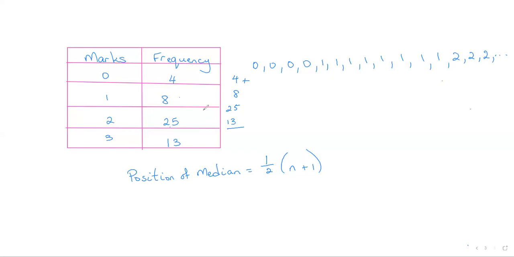So I can add up these numbers, which is the frequency, to give me the number of numbers that I have. So that's 4 plus 8 plus 25 plus 13. So I got 50 numbers.